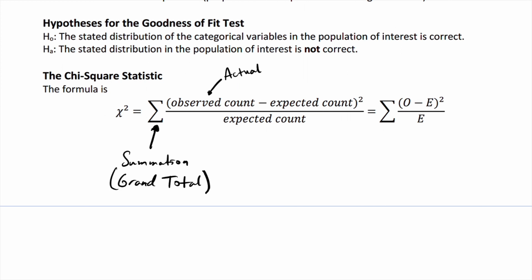So how can I put it in context? The stated distribution of zodiac signs for CEO, there you go. Okay.